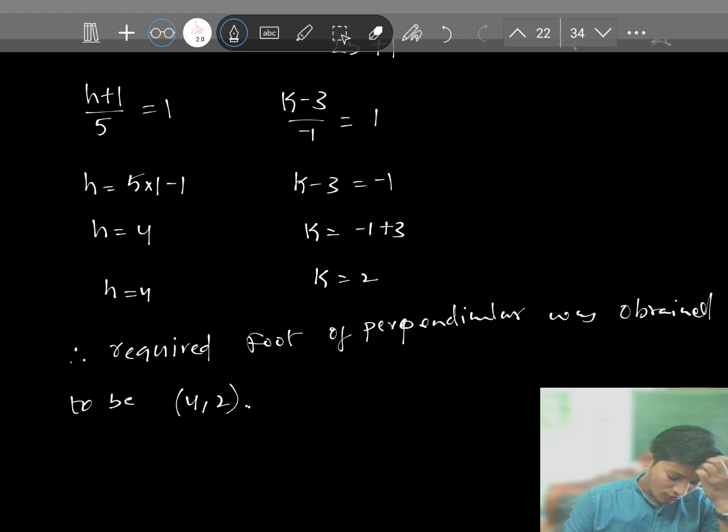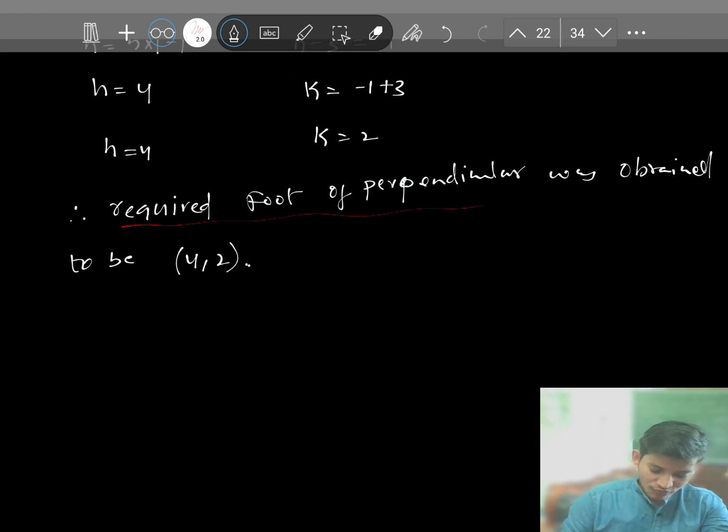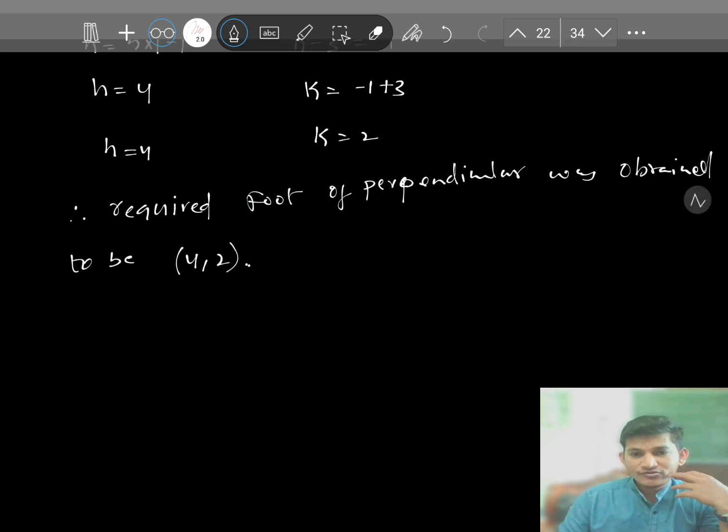Upon which the value of foot of perpendicular comes out to be h value is 4 and k value comes out to be 2. So (4, 2) is the required foot of perpendicular of (−1, 3) with respect to the straight line.